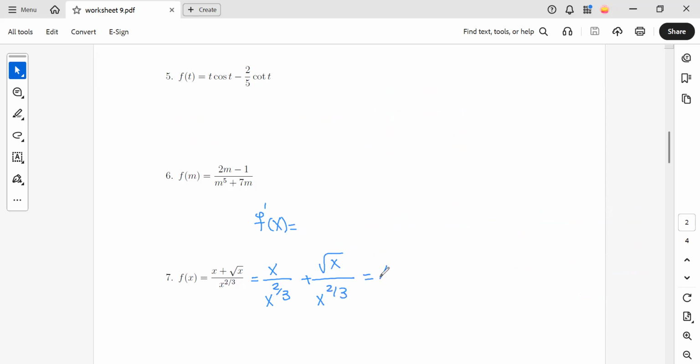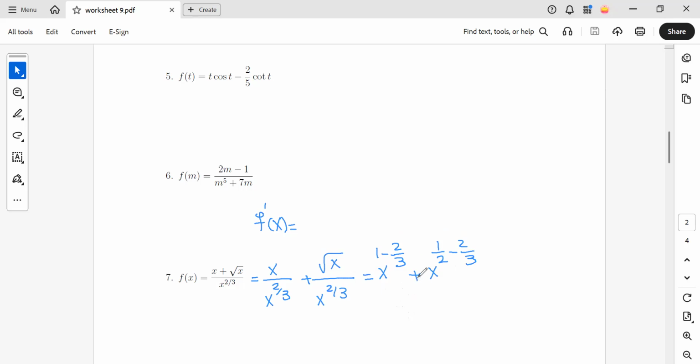If we do this, it will be x to the power negative 2 over 3 plus x to the power 1/2 minus 2 over 3. And you can follow this to take the derivative. I think it is easier than using the quotient rule, but you can use the quotient rule also.